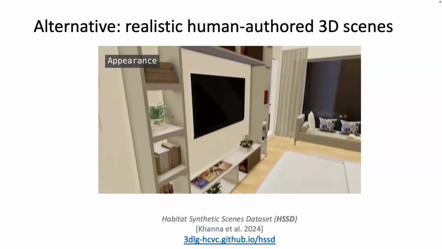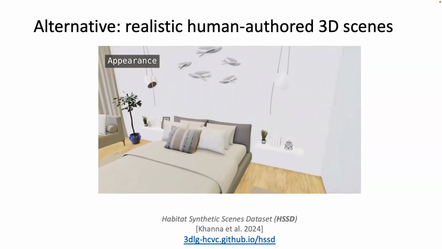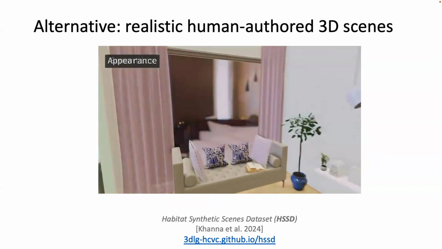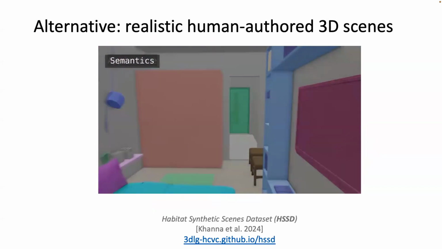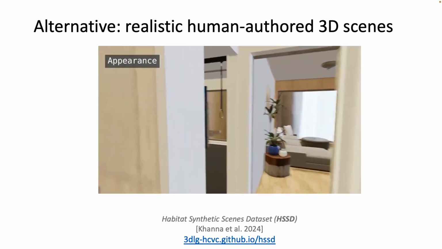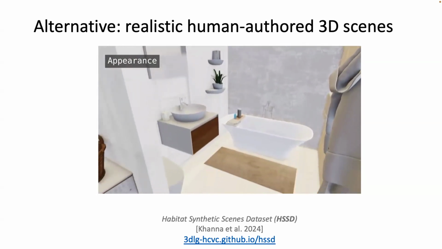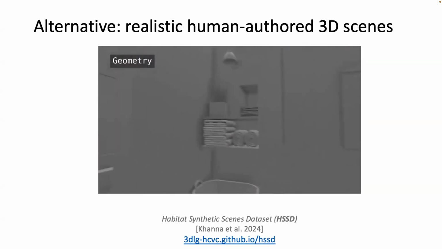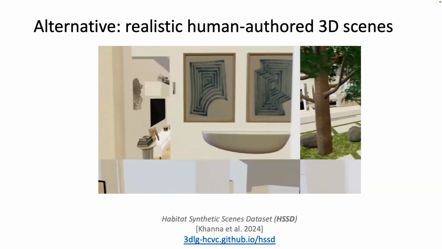Now, an alternative to this is, of course, to rely on human-authored digital twins of 3D scenes. An example of which you see here from the Habitat Synthetic Scenes dataset from a couple of years ago. These have many advantages. They can be very richly annotated with ground truth information, all the semantics of objects that are present, other properties, examples of which you see here.